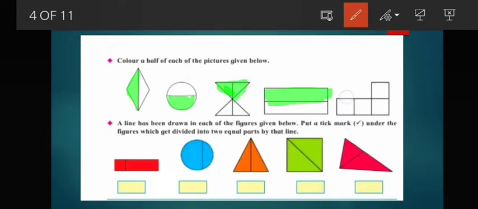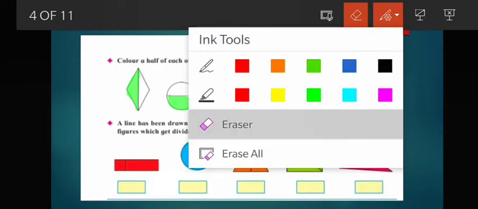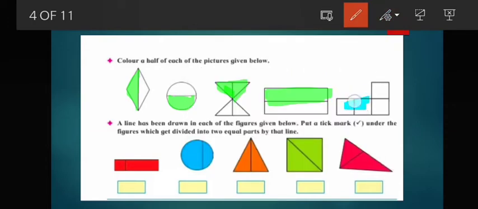You can do this way also. You can color. See, there are 4 parts. So 1 and 2. You can color 2 parts, because we are going to color the half picture. Just color 2 parts.